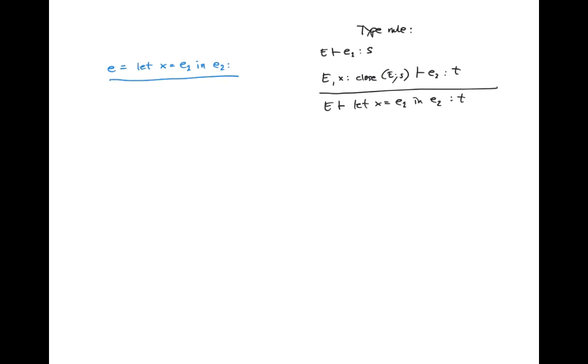So the way we handle this in the W algorithm is that we first call the W algorithm on E1. This corresponds to the first premise of the type rule.